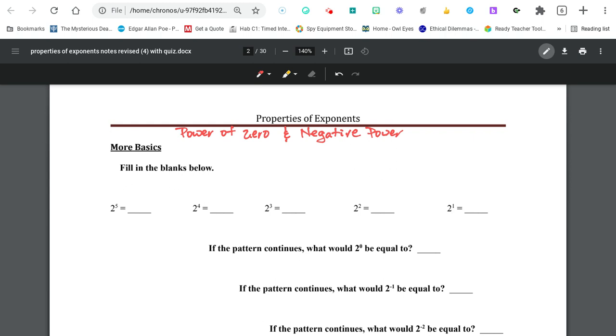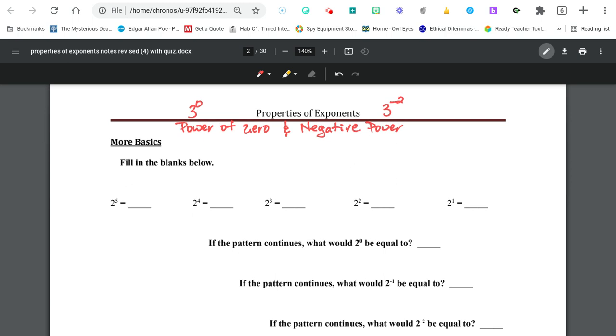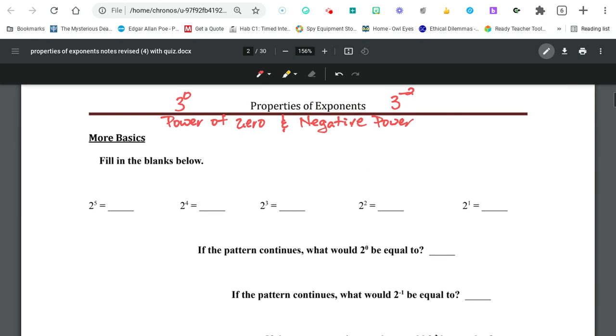So when I say power of 0, maybe when you have something like this, 3, 2 with an exponent of 0, or negative power 3 with an exponent of negative 2. Okay, so that's what I'm talking about. But what we're going to do is see if we can look at a pattern to establish what our answer should look like if we have an exponent of 0 or some type of negative exponent, okay? So let's take a look.